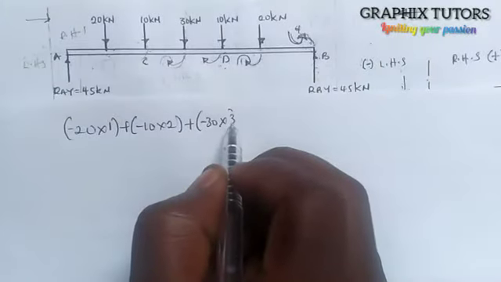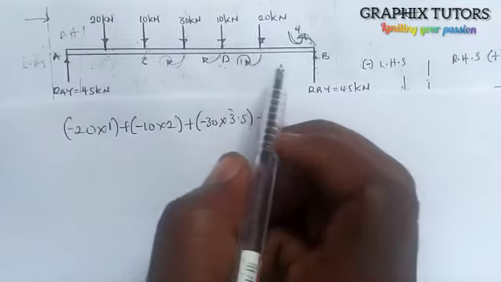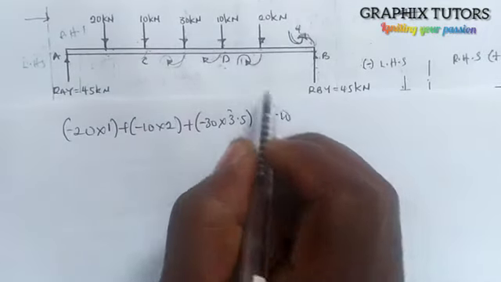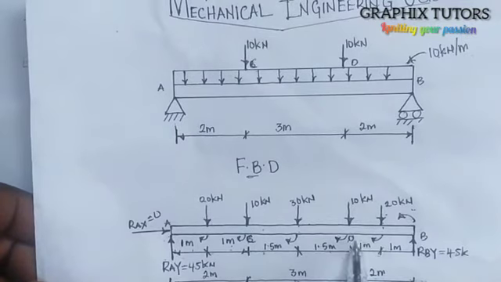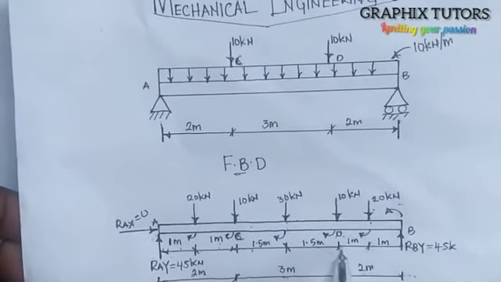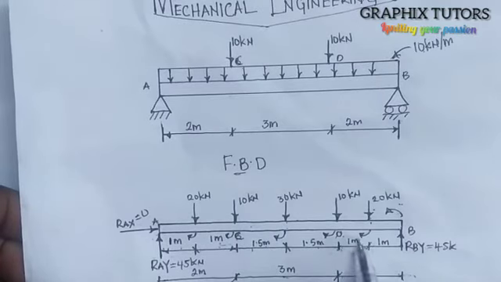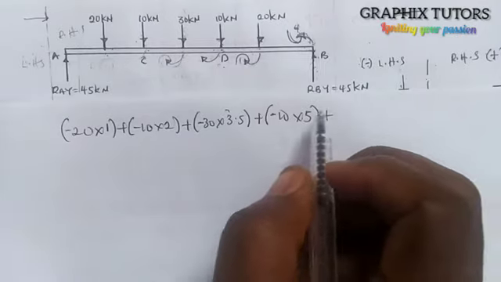So times 3.5, plus we have 10 also, so also minus 10 because it's going in this direction, minus 10 times the distance between point D and A. This is D and A, so from here, this is 1.5 plus 2, so 3, 4, 5, that is 5 meters.